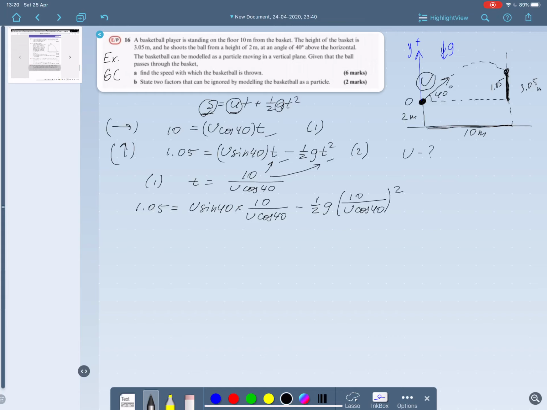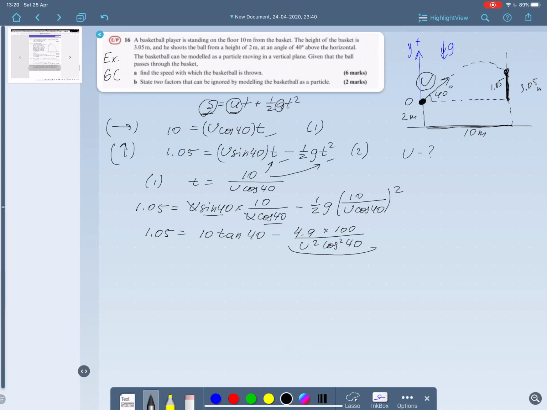Right, let's simplify it. 1.05 still on the left hand side. Here what can we see is u is at the top, u is at the bottom, cancelled. Sin 40 over cos 40 is tan 40. So here is 10 tan 40 minus half g, which is 4.9, and we have 100 at the top, u squared and cos squared 40 at the bottom.